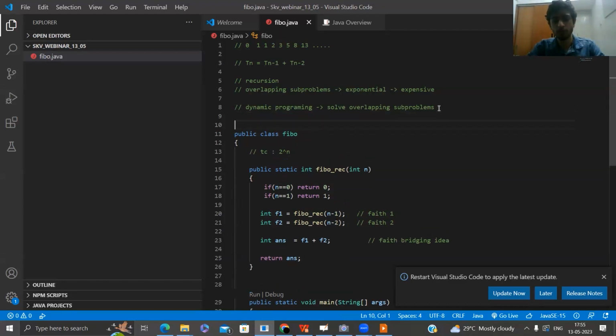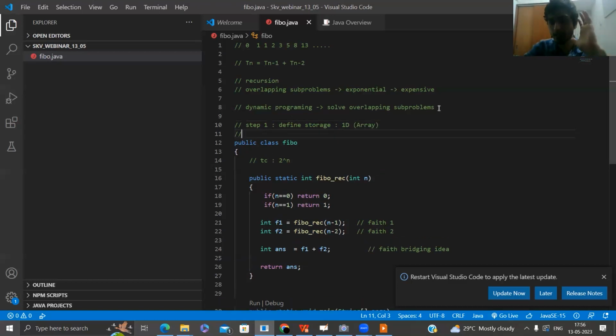So your step number 1 is to define storage. Define means what is the dimension of the storage. Here it's going to be 1D. As you know, 1D storage could be an array or a list. So over here I'll be keeping an array.